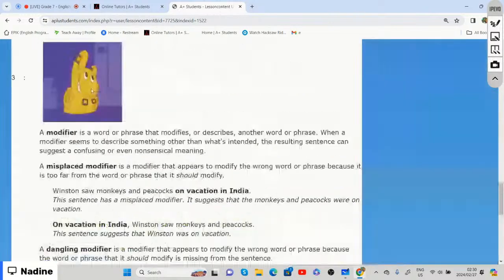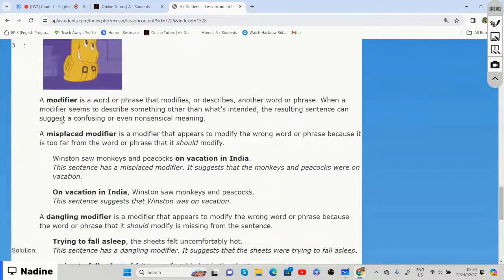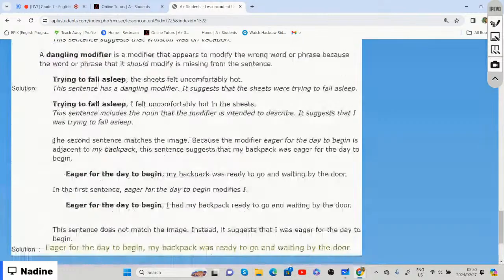So it's almost like the dangling modifier, where we add the wrong context to it, and it looks like this bag is ready to leave to go to school. But if we change that, we can say, I had my backpack ready to go waiting by the door, not necessarily your backpack walking to the door, right?